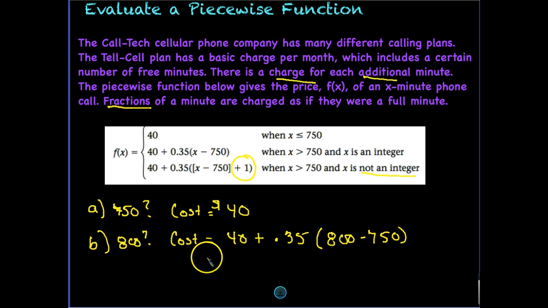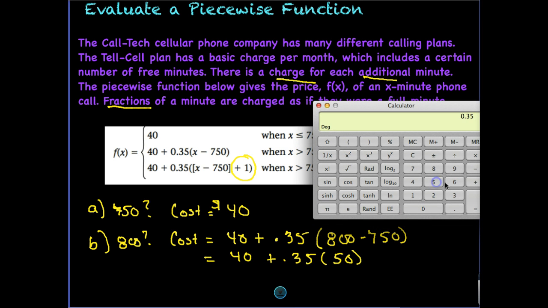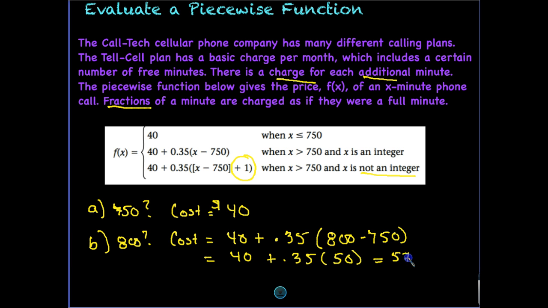If we do a little math, we owe $40 plus 35 cents times 50 minutes, which is what we went over. If we multiply that out, 35 cents times 50 minutes, we get an additional $17.50 added to our plan fee, which is 40, so we would pay $57.50 in this situation.